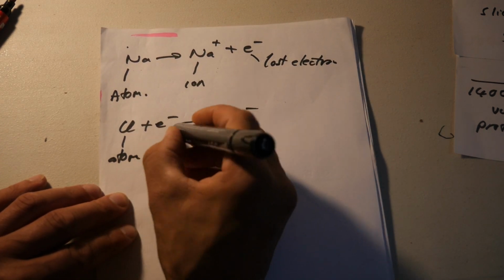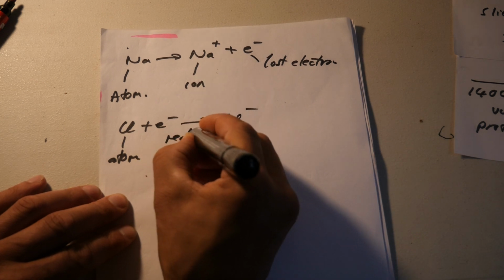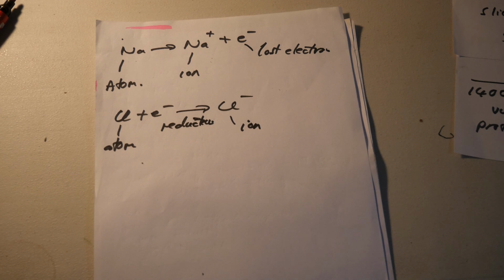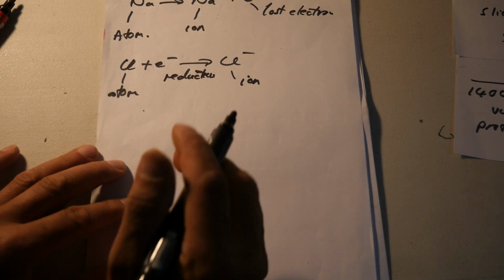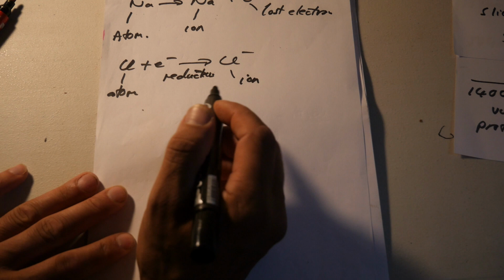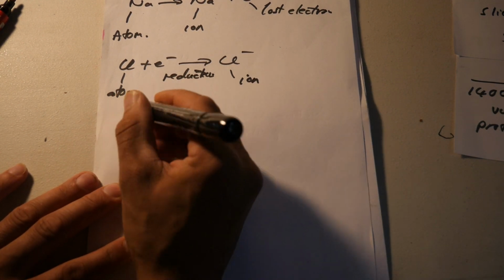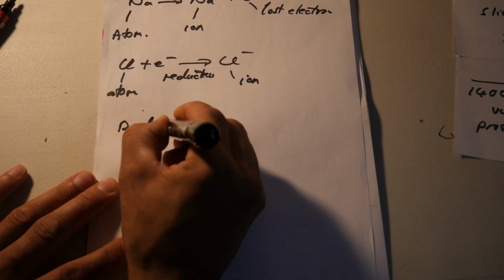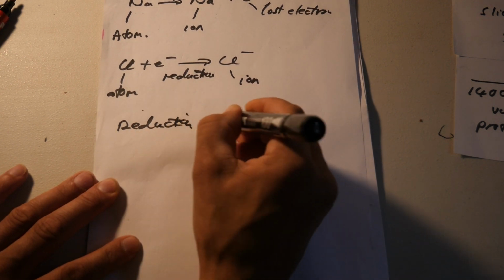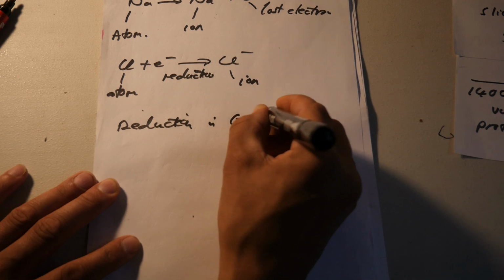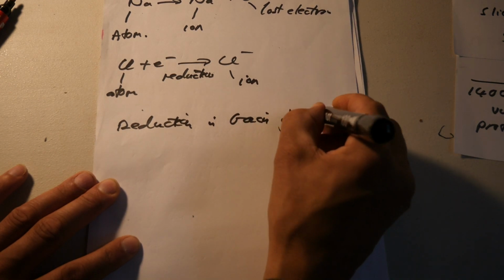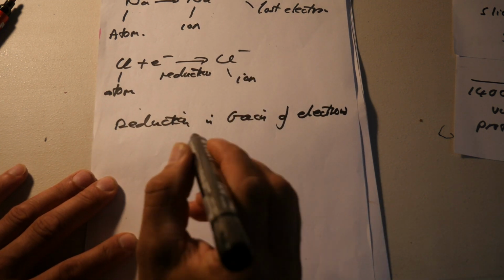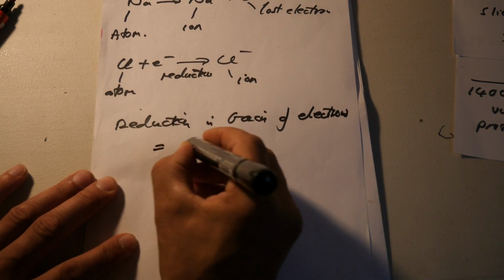So this is actually reduction. This is oxidation reduction, which is later in the syllabus, but one way of writing it is you can say that reduction is gain of electrons. Reduction is the gain of electrons, which equals Reg.